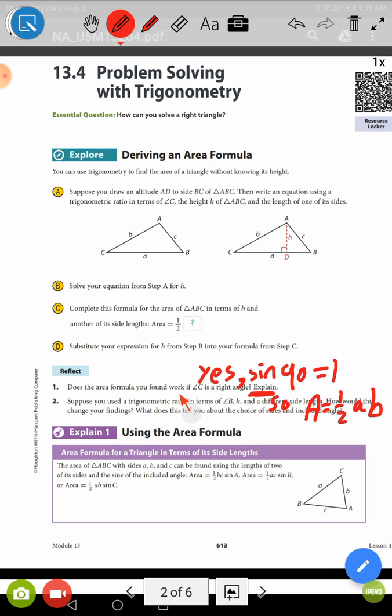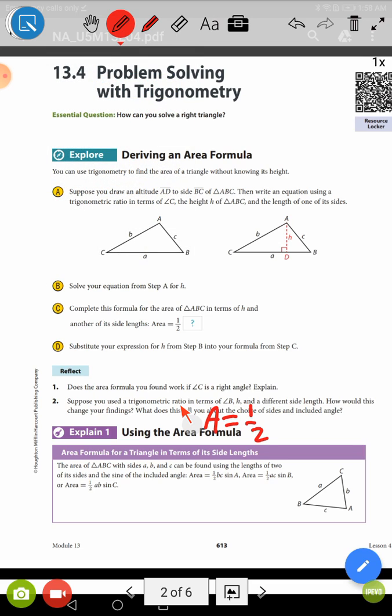Okay, number 2. Can we use angle B instead of angle C? Yes. Our rule will be the area equals half, we will use sine B, so we'll use sides c and a.